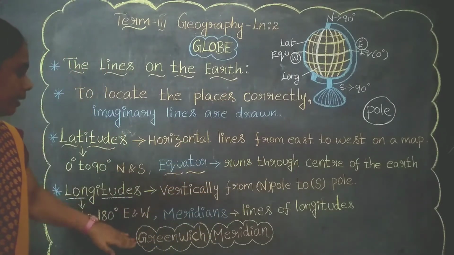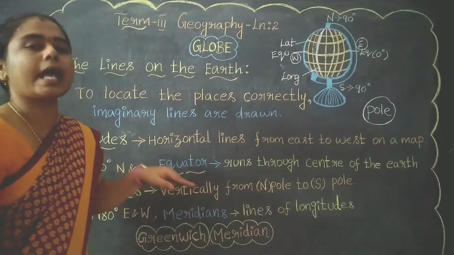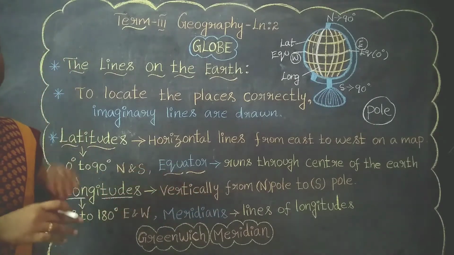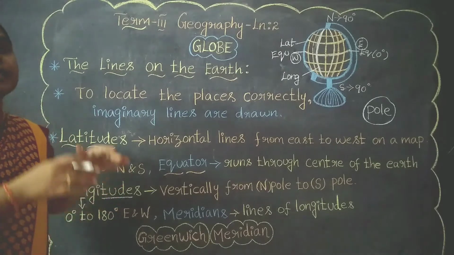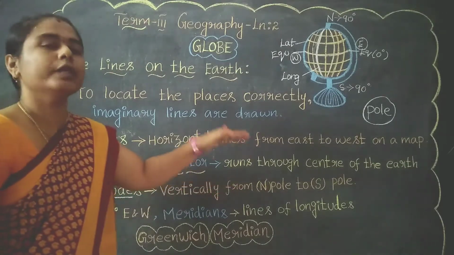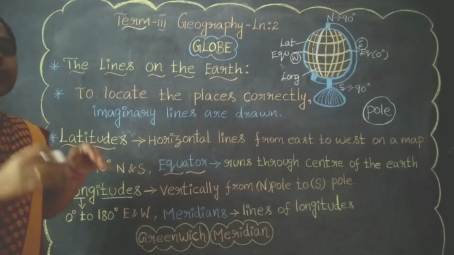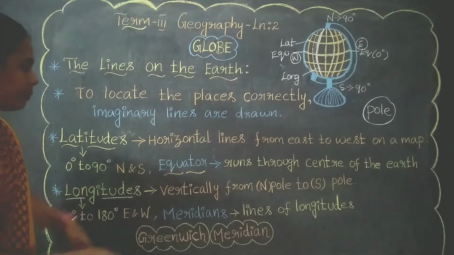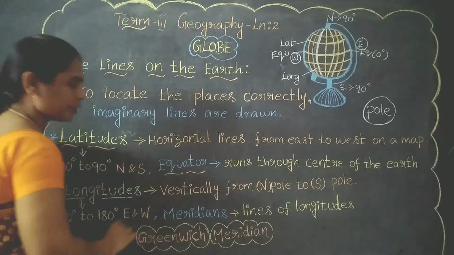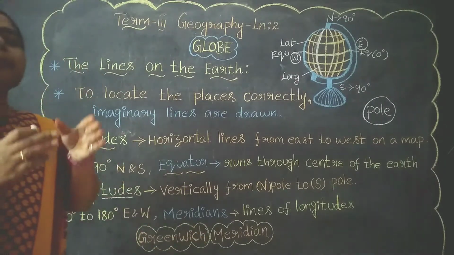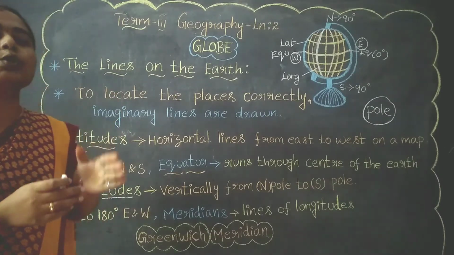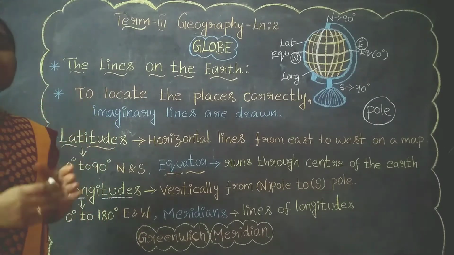And here, Greenwich meridian is presented. What does Greenwich meridian mean? Meridian means the lines of the longitudes. And Greenwich means time measure. It always shows the accurate time.